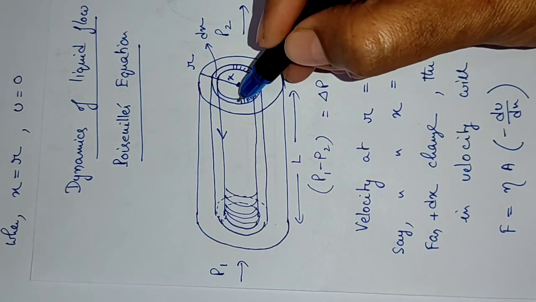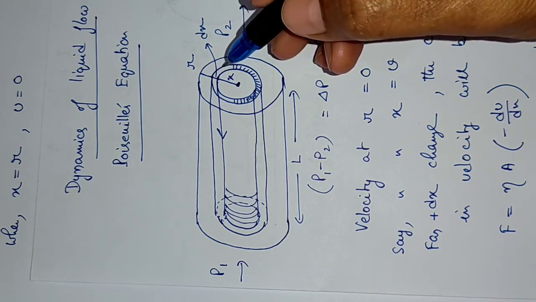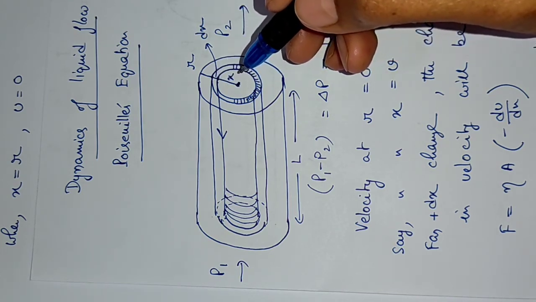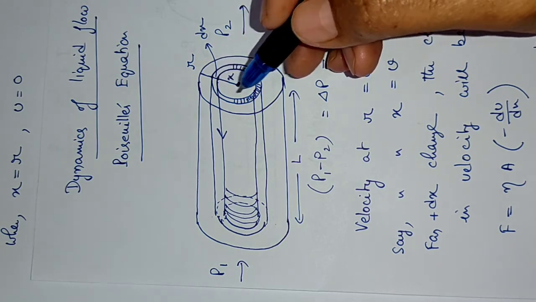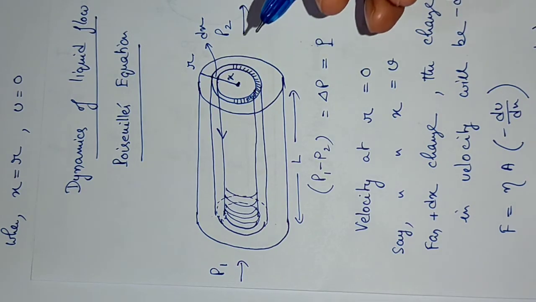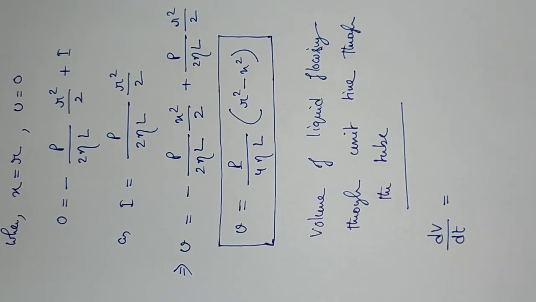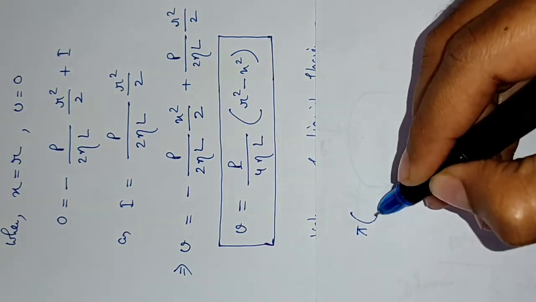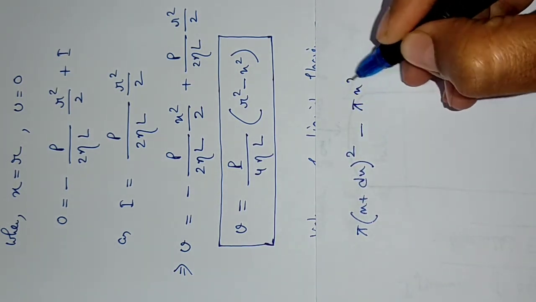Now one may ask that these two circles have different areas, so how does 2 pi x multiplied by dx give us the area of this concentric circle? We must subtract the area of the small circle from the large circle. So let us check this. It will be pi (x plus dx) whole square minus pi x square.